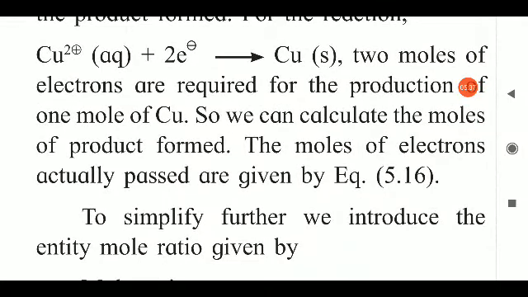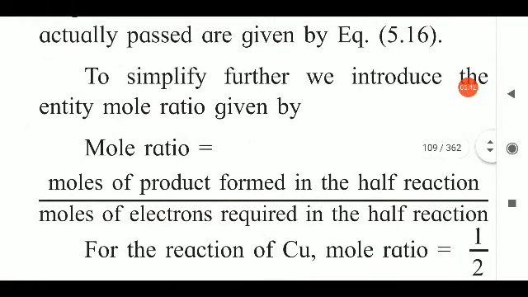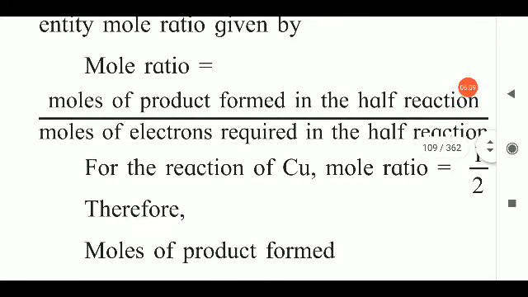After getting that value, we can calculate the mole ratio. For further simplification we introduce the entity mole ratio. For its calculation, the formula is: moles of product formed in the half reaction divided by the moles of electrons required in the half reaction. For the reaction of copper, the mole ratio according to the above formula is 1 by 2.